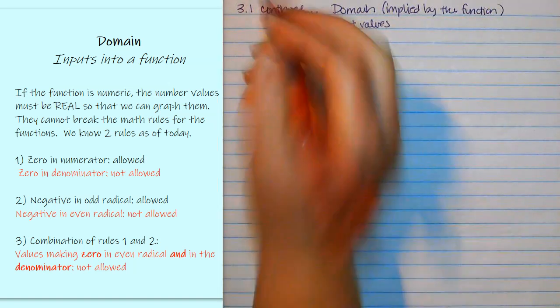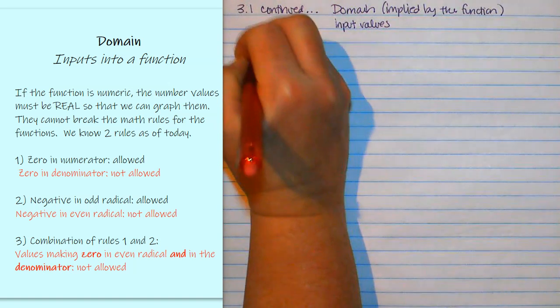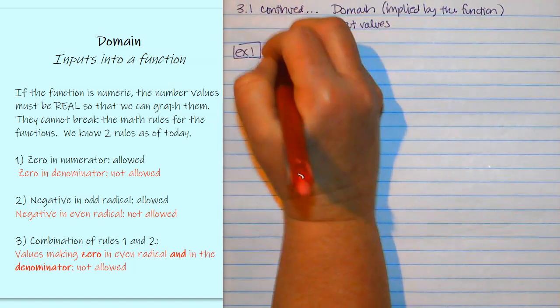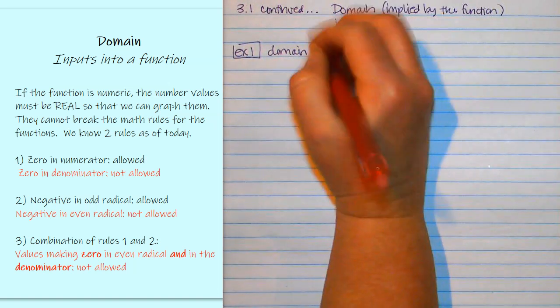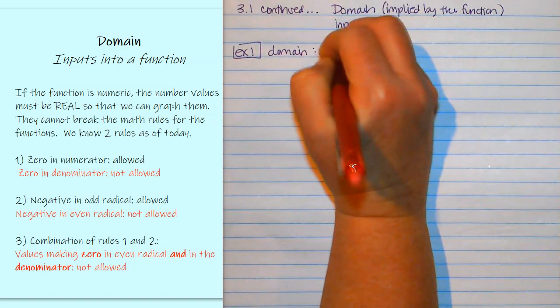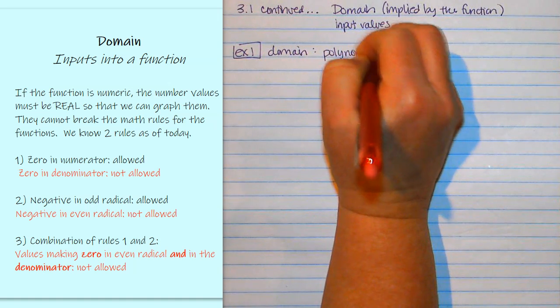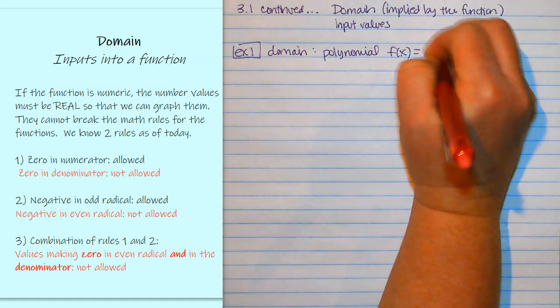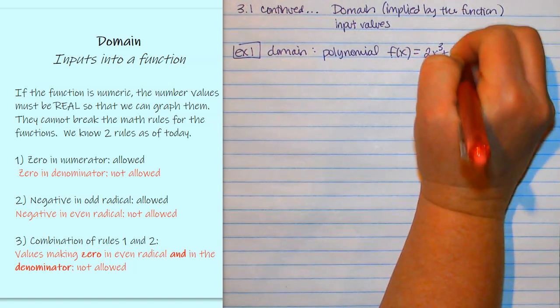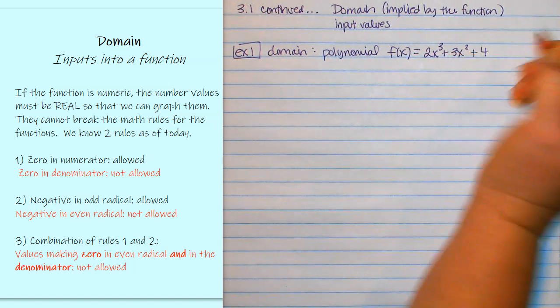Okay, some examples. So let's look at some where everything's allowed. These are all domain problems. And let's say we have a polynomial. We defined that last year as something like f of x equals 2x cubed plus 3x squared plus 4.